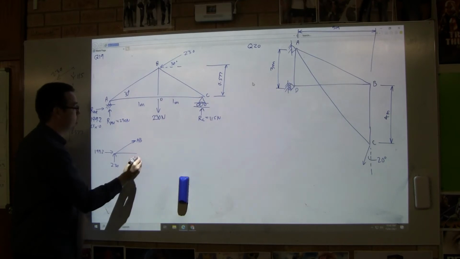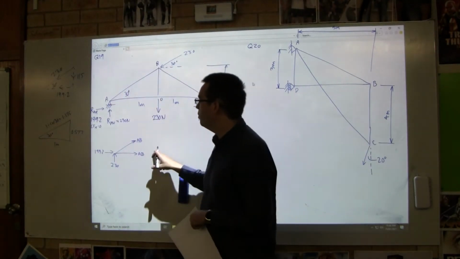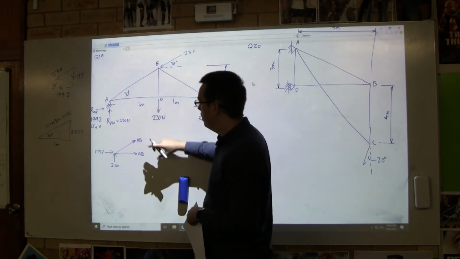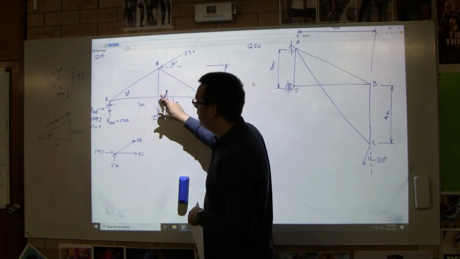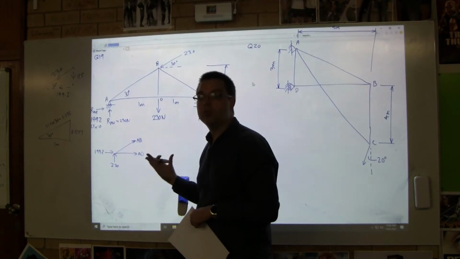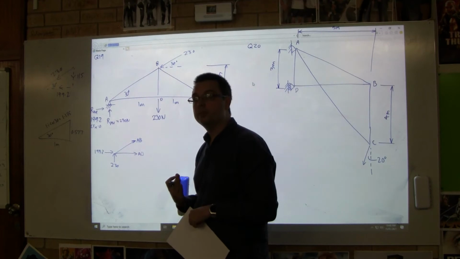We're assuming tension, so we're drawing the arrows out because we're assuming tension. Now, what can we do? What do we know about AB? We can find a point that we can eliminate B. So we could take moments about D, for instance, and that would eliminate AD. That's one method we could use to find AB. But there's an easier method. What method is that?